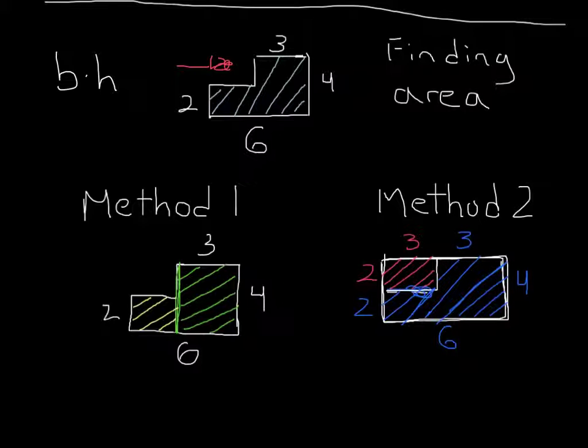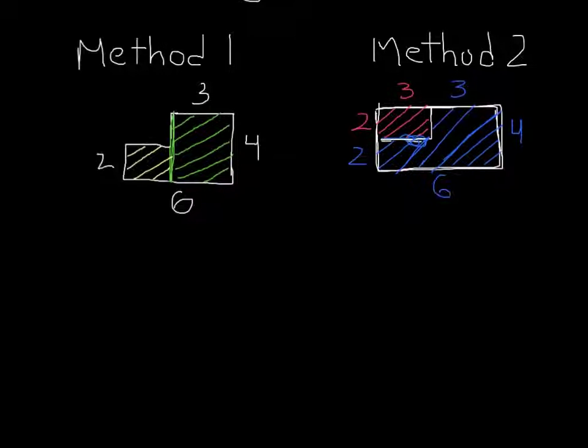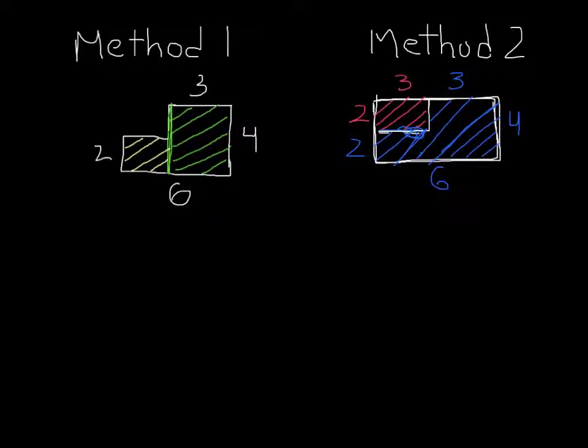Let's start with method 1. Method 1 is, I normally do this because I've been taking the SAT, and this to me sometimes is the easiest because you just kind of look at it and you kind of see what it is. So let's get some numbers on this.